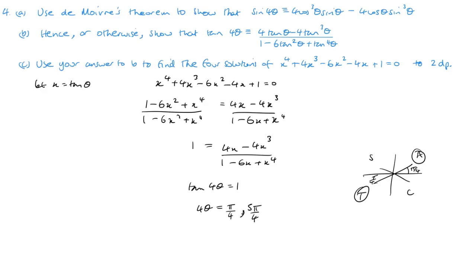And I'm going from 0 to pi in terms of the actual angle here. So plus another pi will be 9 pi by 4, and then 13 pi by 4, and then 17 pi by 4. But this 17 one isn't going to give me a unique answer, so I can stop there because it's 4 theta, so 4 unique values.